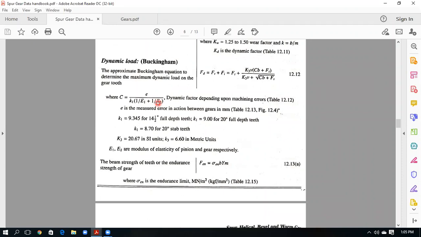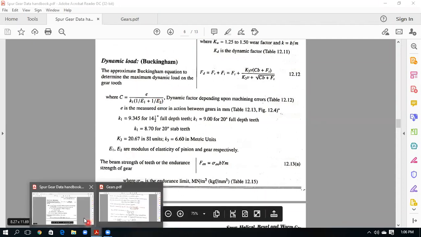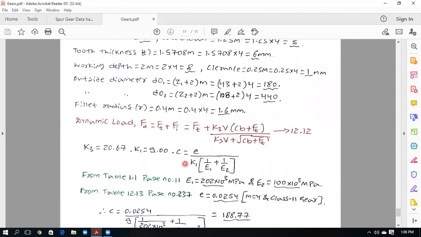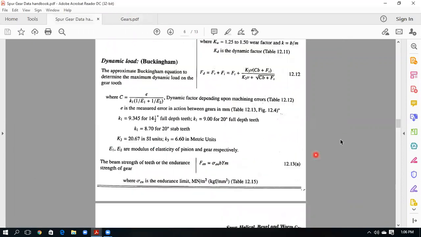Which material it is made of is given. From that you need to calculate it. I will show how to calculate that. I have taken this K3 and K1 value, and this Young's modulus E1 and E2 value, you have to take from table number 1.1.